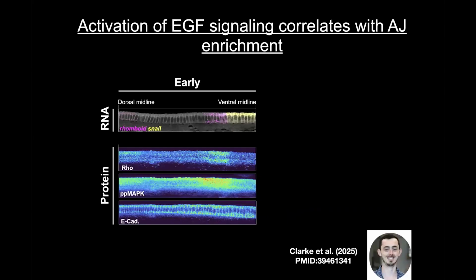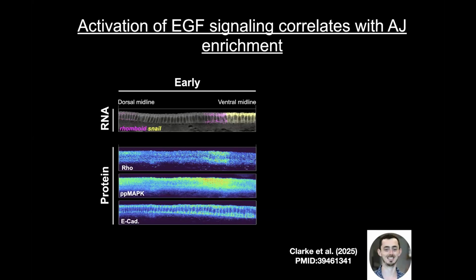Normally it would be a circle like this. We've taken one side and linearized it so that you can see from the ventral midline to the dorsal midline. It's like the sheet I showed you before, but this is a one-dimensional view of the dorsal-ventral axis.